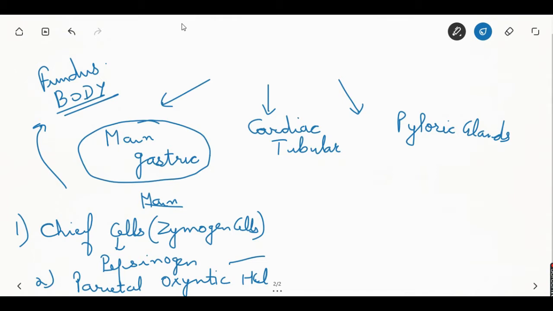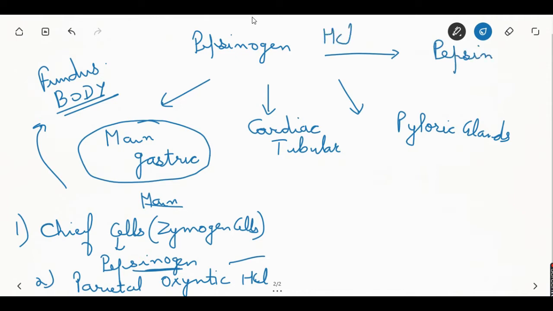Pepsinogen is an inactive protein that is converted by HCl to the small proteolytic enzyme pepsin. So pepsinogen is the inactive form, whereas pepsin is the active form.